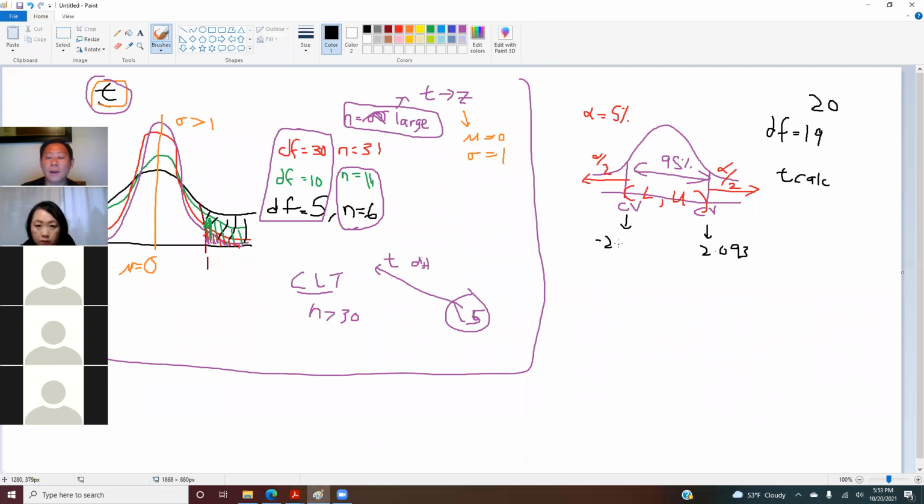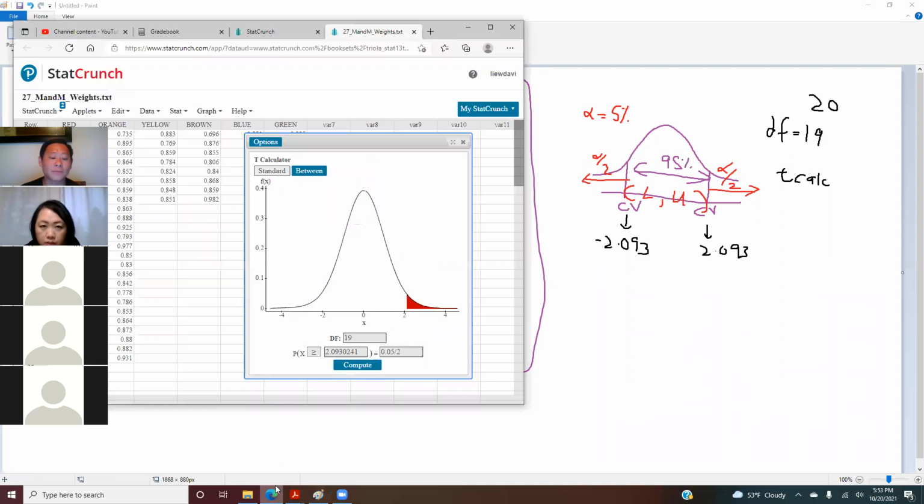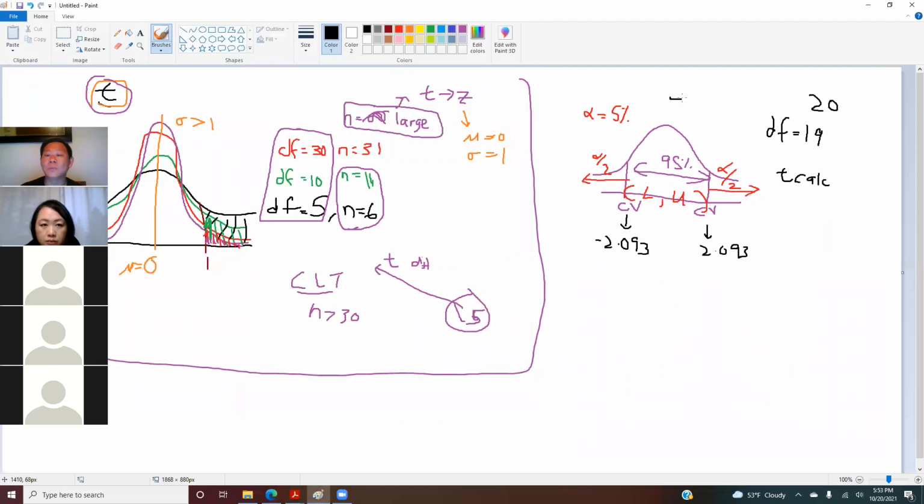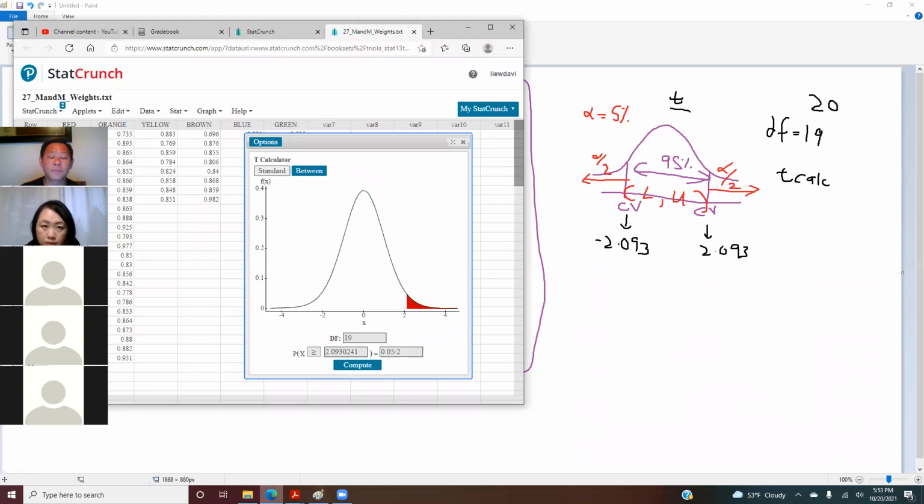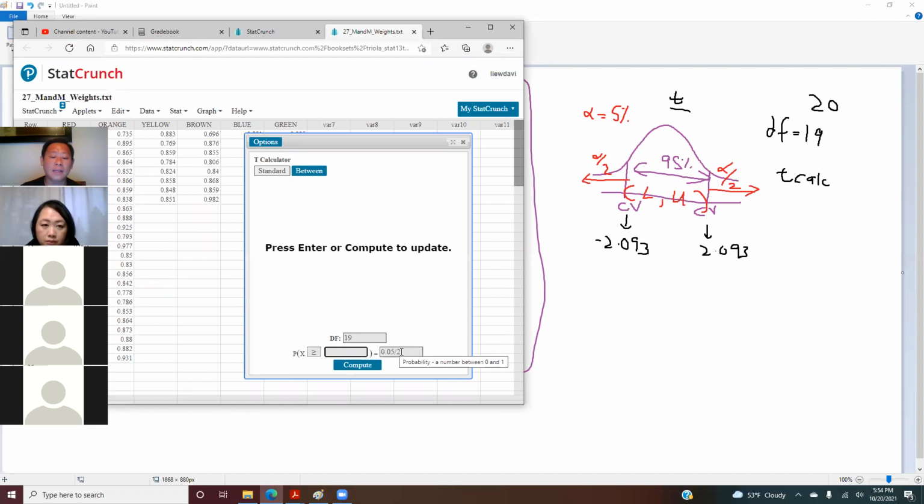And don't forget, the other side is exactly the same, but negative. This is a T distribution. So make sure you put in these two numbers: this is the degree of freedom, and this is the alpha over 2 here.